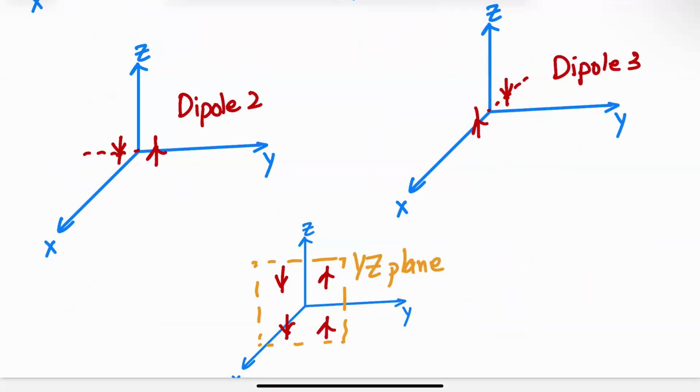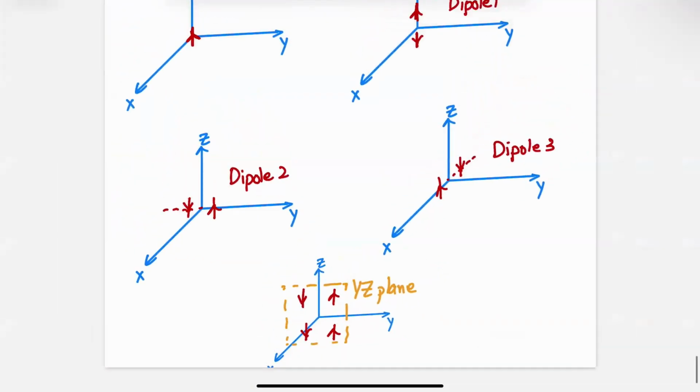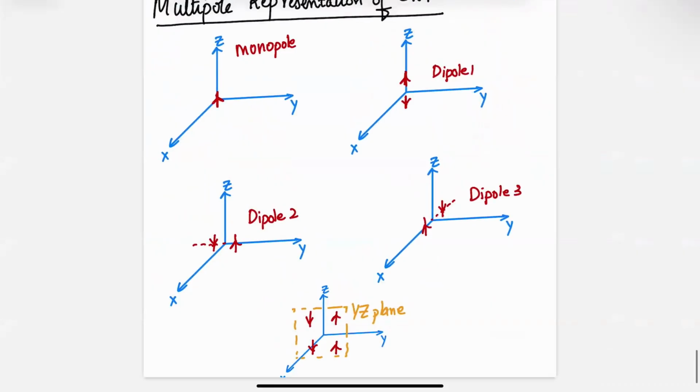And then they can all have different orientations. So this is a quadrupole, and so on, right? So these are all multipoles.